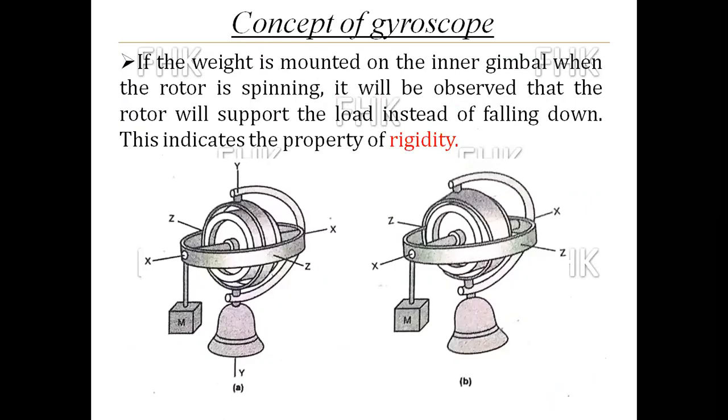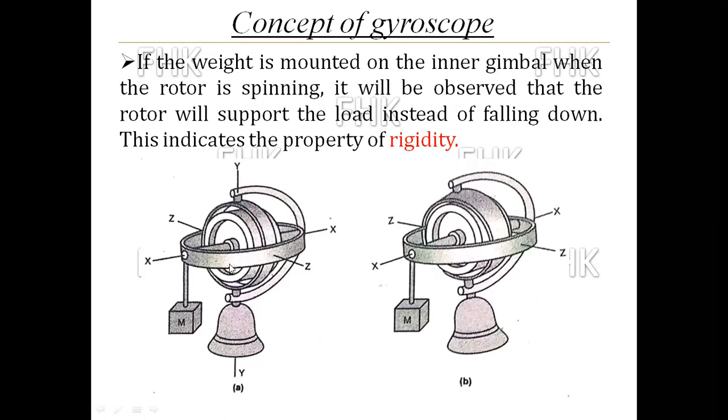If a weight is mounted on the inner gimbal, when the motor is spinning, it will be observed that the motor will support the load instead of falling down. This indicates the property of rigidity.